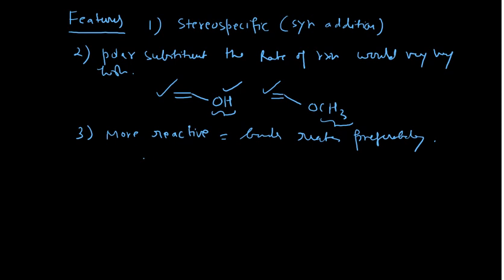See, if you are having the double bond here and you are having an electron donating group attached to it, and on the other hand, you have another double bond with an electron withdrawing group. Obviously this first double bond is more reactive, because the electron donating group will donate electrons onto this double bond system. It will increase the electron density here, and when the electron density is very, very high, obviously the reactivity would also be very, very high.